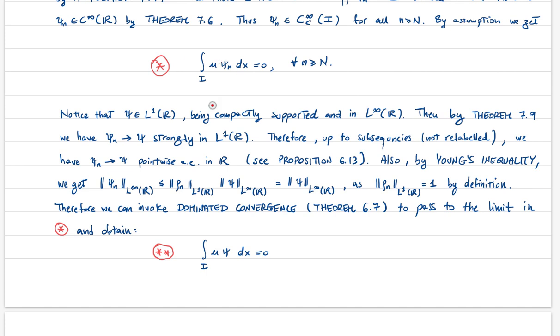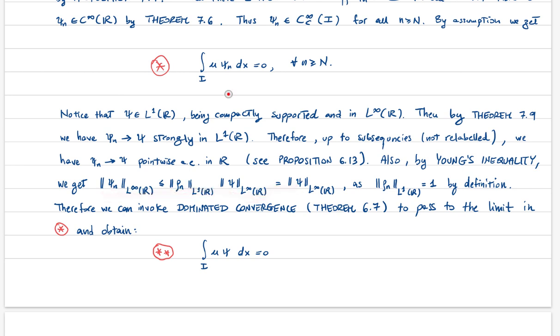Okay, because what's happening? We just said that psi n is converging to psi pointwise, so u times psi n converges to u times psi pointwise. And also we can bound this function, u times psi n, in L1 with the one norm of u times the L infinity norm of psi, because of this estimate here.